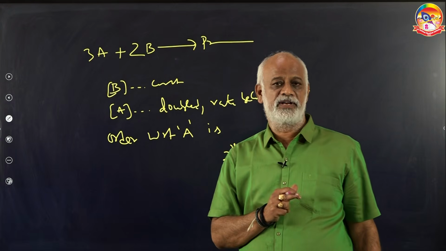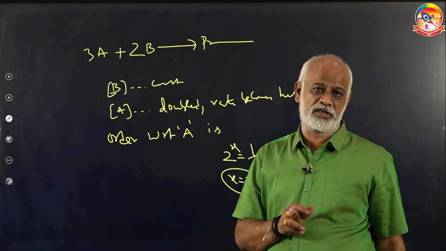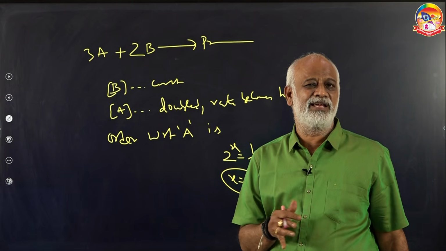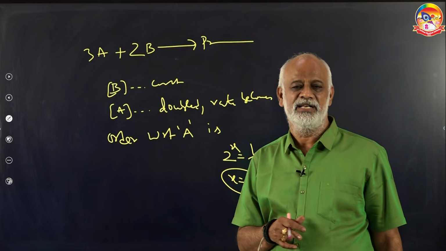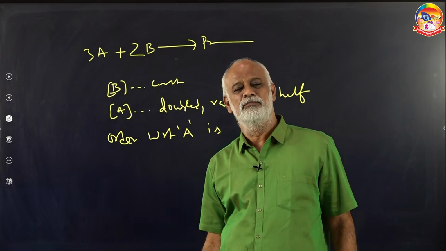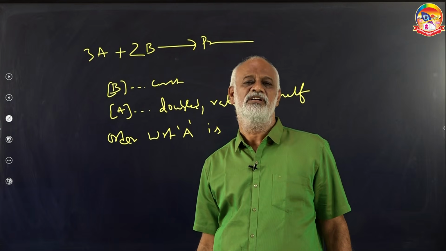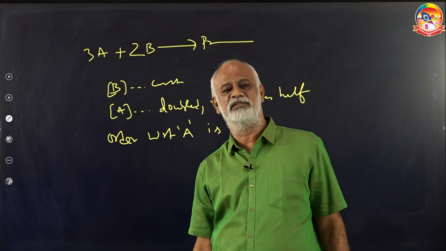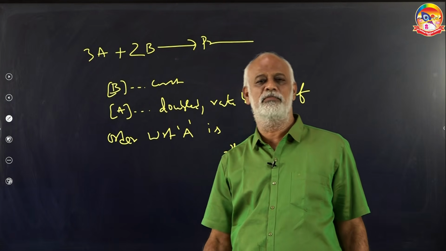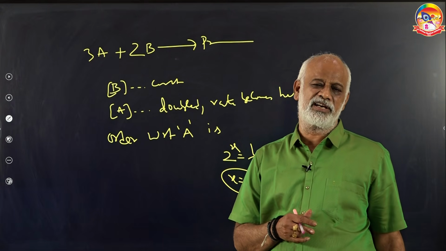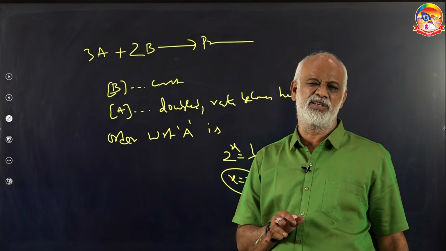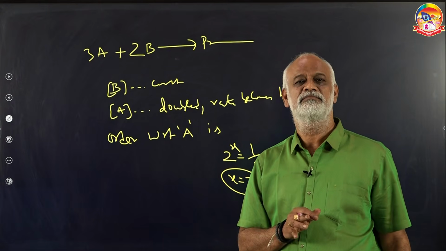And also never forget, whenever you talk about order or molecularity, rarely do we have order or molecularity exceeding 3. Most of the reactions in chemistry will have their molecularity 2 or 3, generally 1, 2, 3, unimolecular, bimolecular. Termolecular itself is rare. Even order more than 3 is very rare.